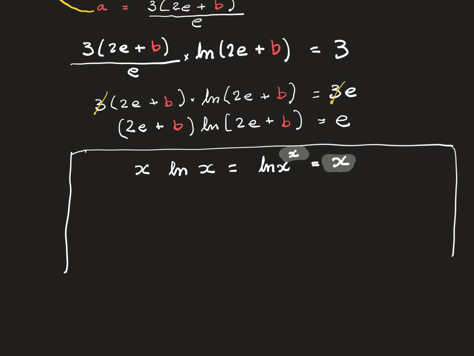In that case, if I had ln x to the x is equal to e, that would suggest that x is equal to e, which would mean that e is equal to x.